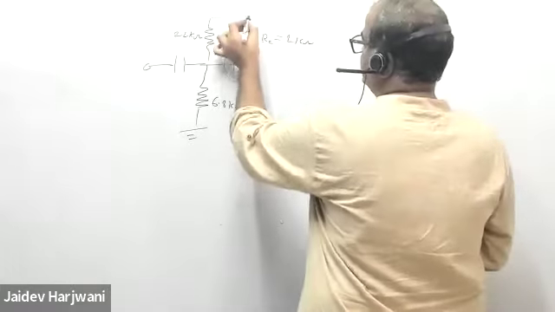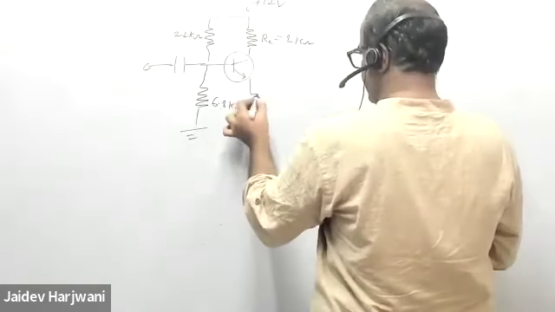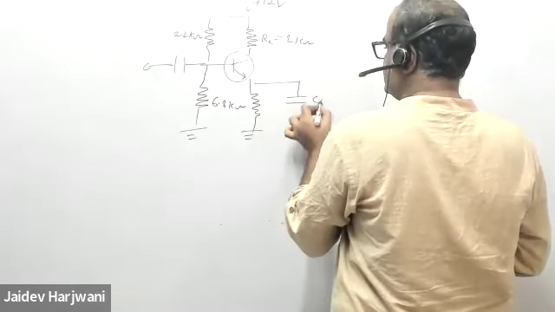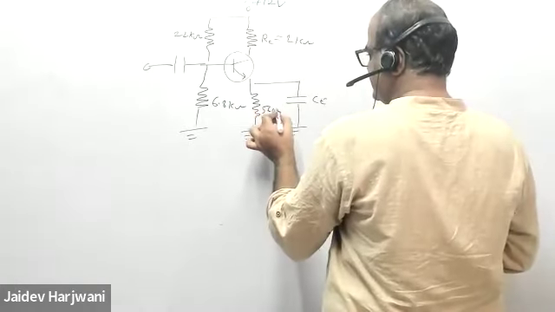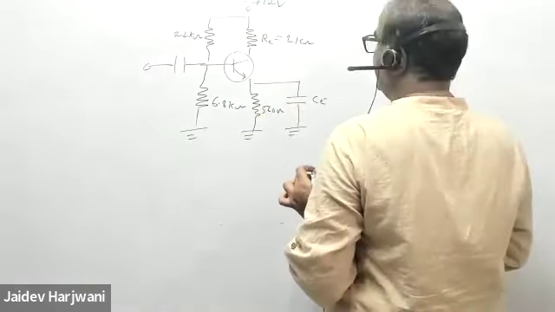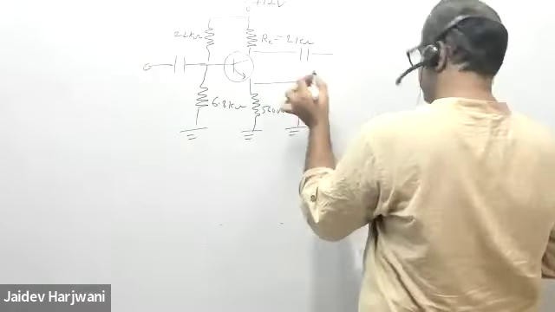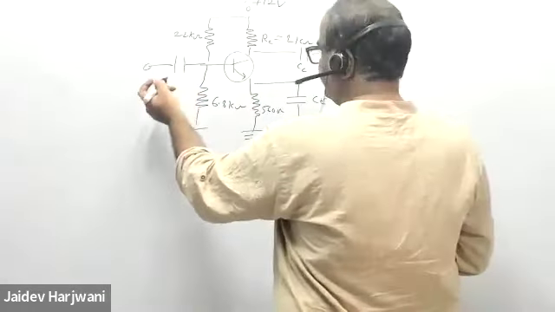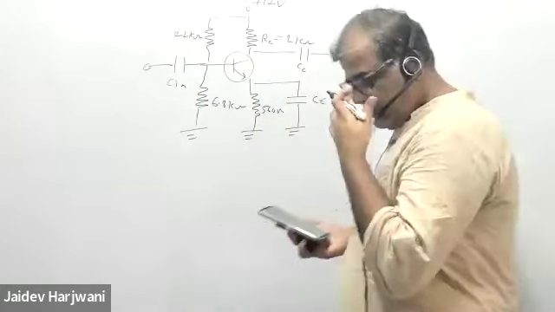This is your plus 12 volt, and this is CE. This is grounded. This is 560 ohm. RC is 1 kilo ohm, and here you are putting a capacitor CC, the collector capacitor. This is a base capacitor, the input capacitor. Now you have to find the value of CE.